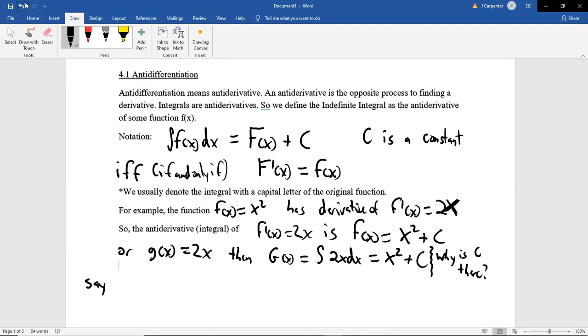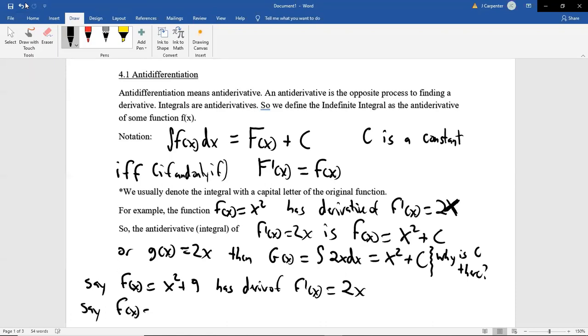Let's say your original lowercase function is x squared plus 9. This has a derivative of f prime of x equals 2x. Say f of x equals x squared plus 100. This has a derivative of f prime of x equals 2x.